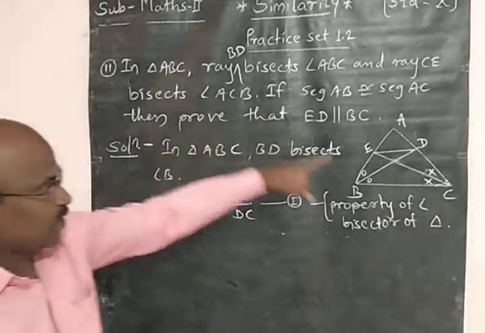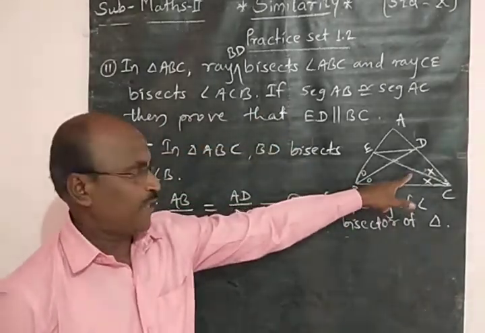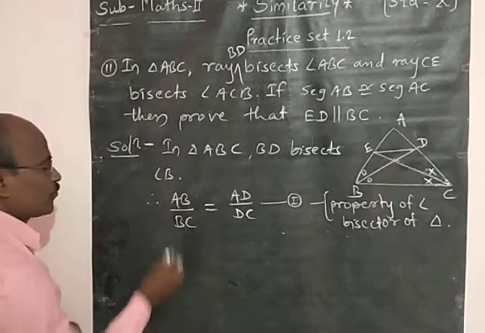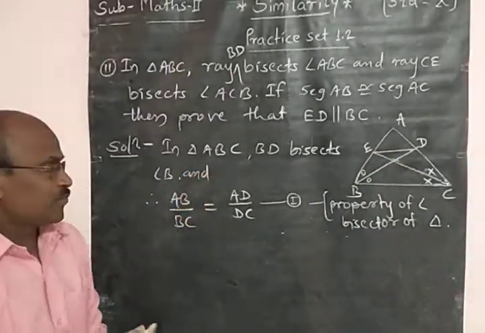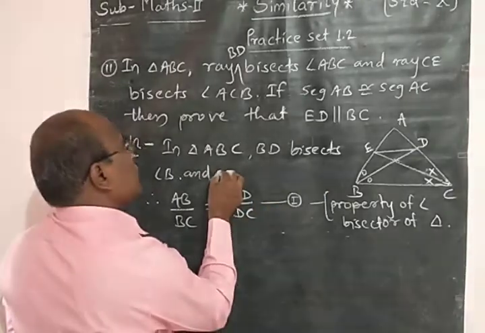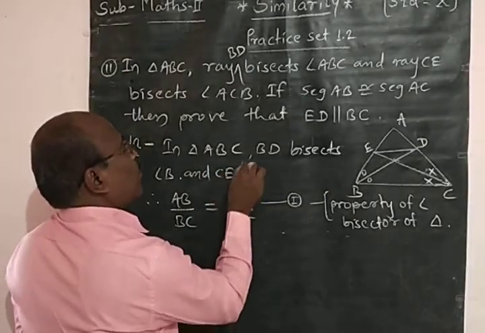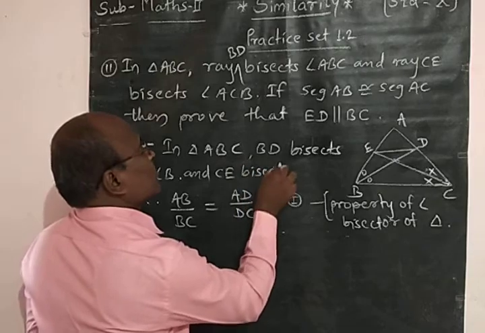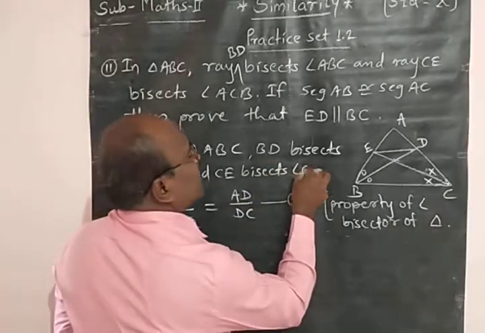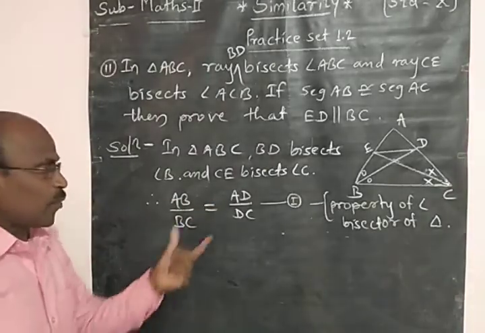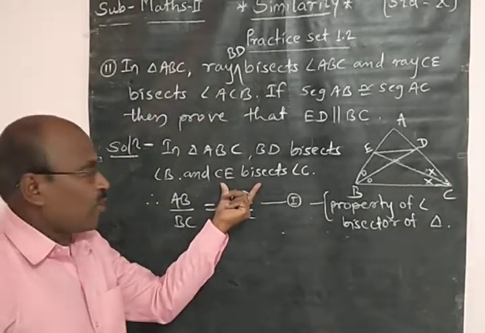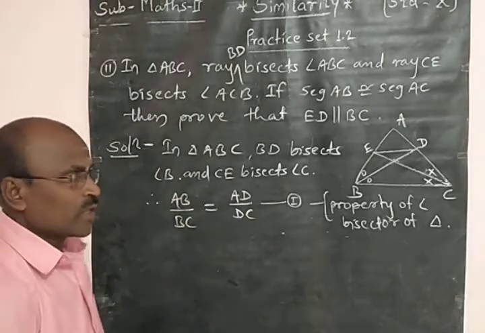Again use the angle bisector property in the second way. So here CE bisects angle C. So again use the angle bisector property by taking the bisector of angle C as CE.